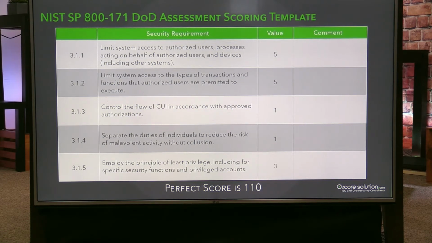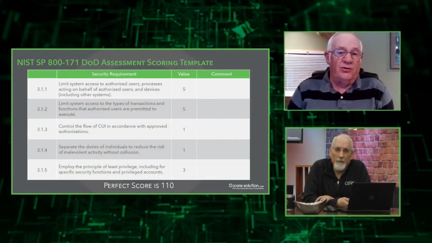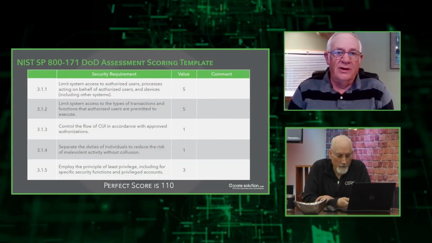Not sure what happened to 2 and 4. But it is a DoD after all. The DoD assumes that you have everything in place. Therefore, you start out with a score of 110. As you go down through the controls, if there are any controls that you do not have in place, you subtract those points. So if you have nothing in place, you could have a negative 203, like we mentioned earlier.